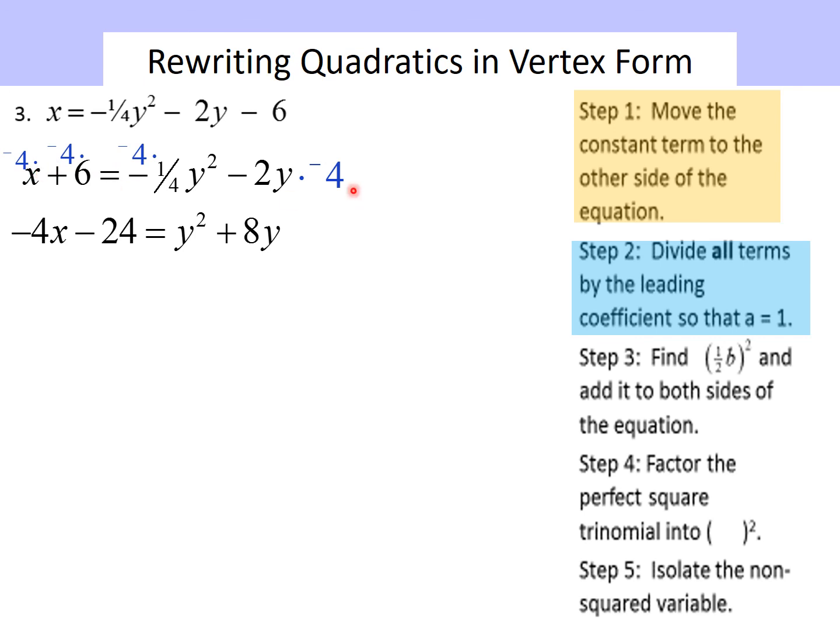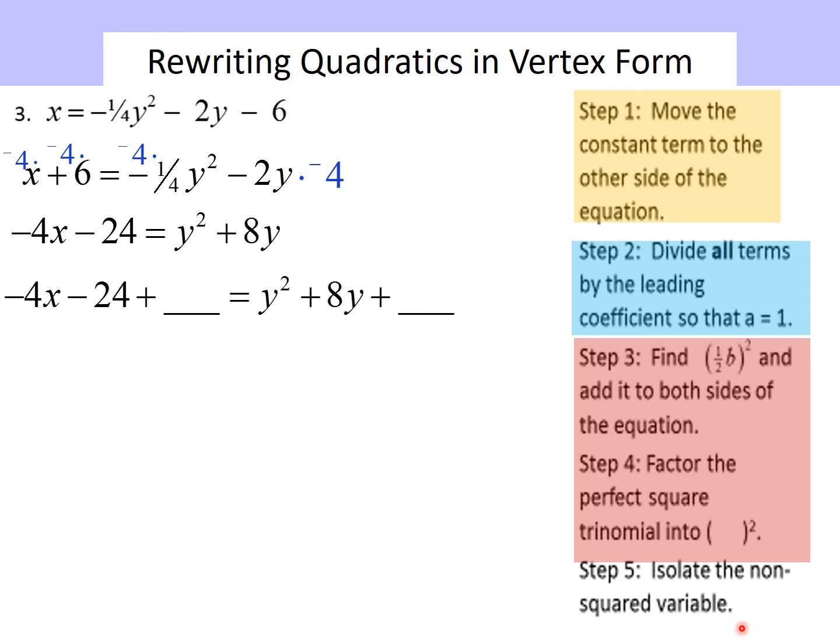Here, here, and here. And my new equation is negative 4x minus 24 equals y squared plus 8y. So now do I have a leading coefficient of 1? Yes, so I could begin the process of completing the square. Alrighty, so I'm going to take half of my linear term, which is 4.